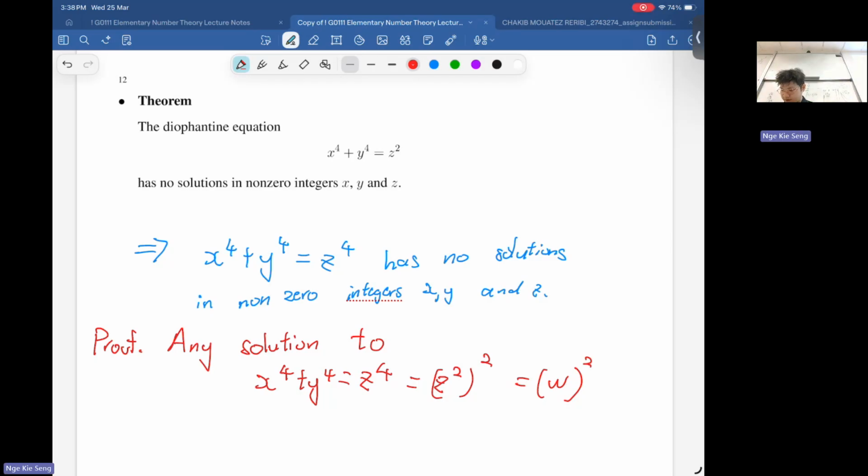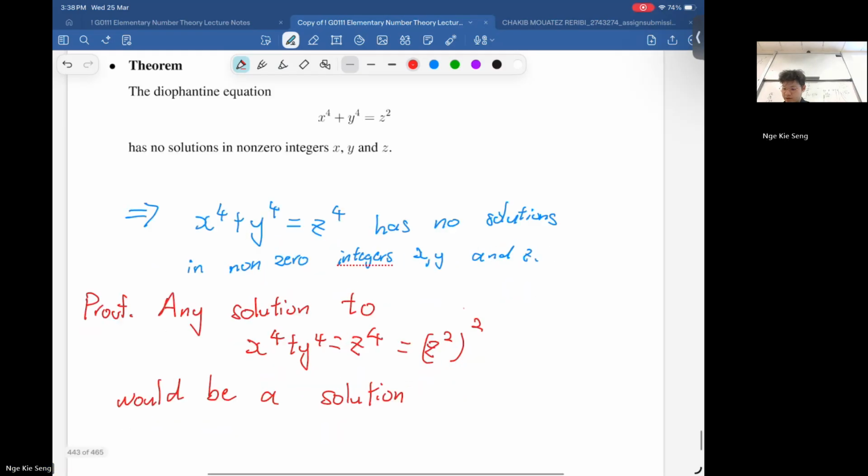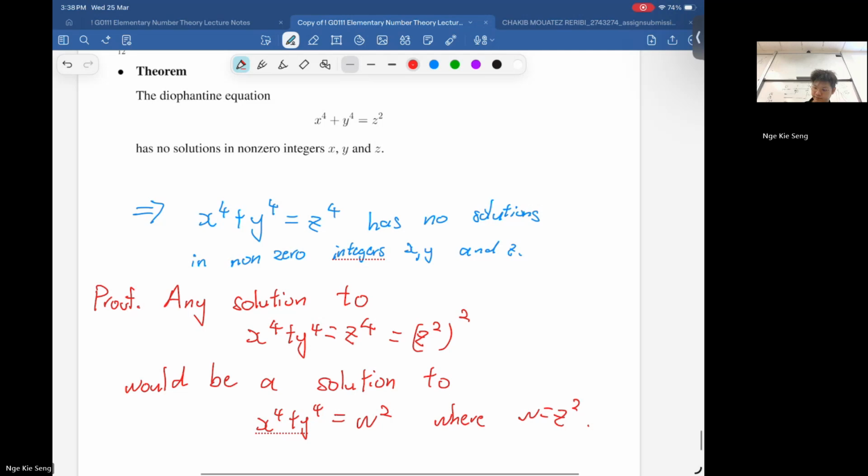Any solution to this would be a solution to x to the 4 plus y to the 4 equals w square, where w equals x square. It will be a solution to some form that you know there's no solution.